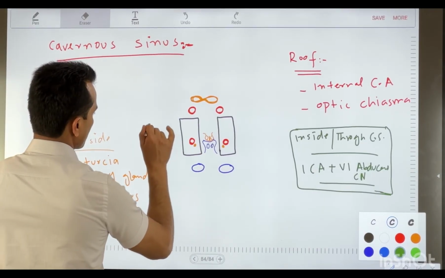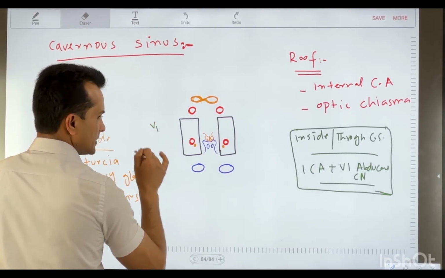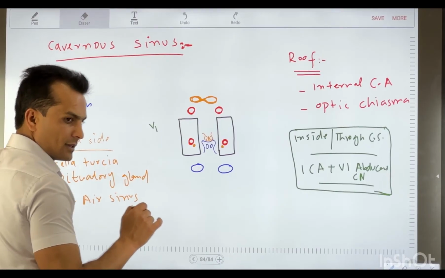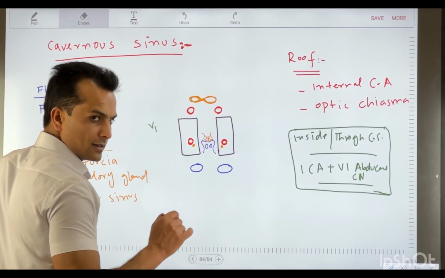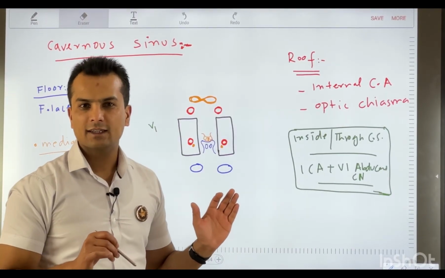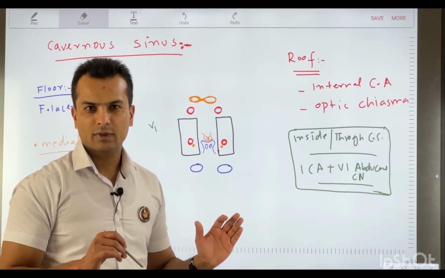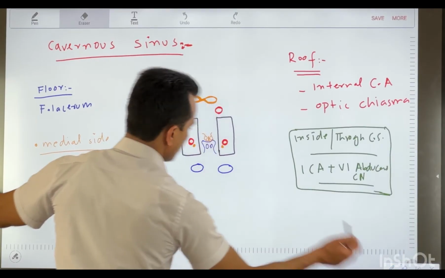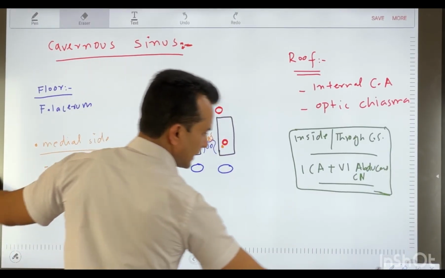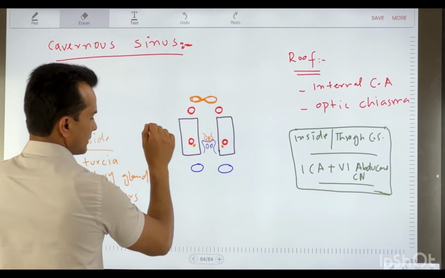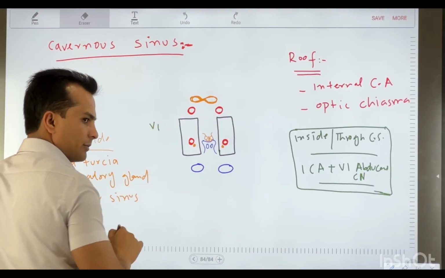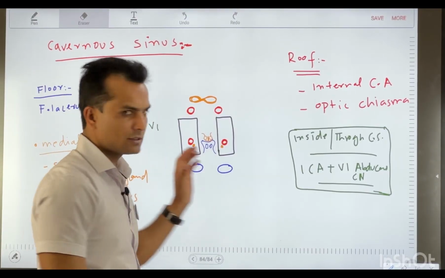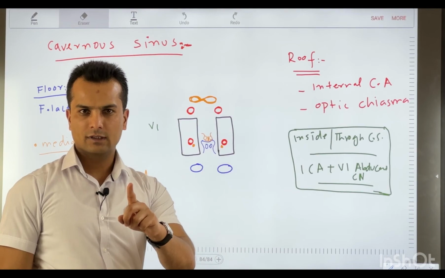So you have got V1. What is V1? V1 is the ophthalmic. On the lateral side you have got V1, which is the ophthalmic, and the ophthalmic nerve is also passing through the superior orbital fissure.